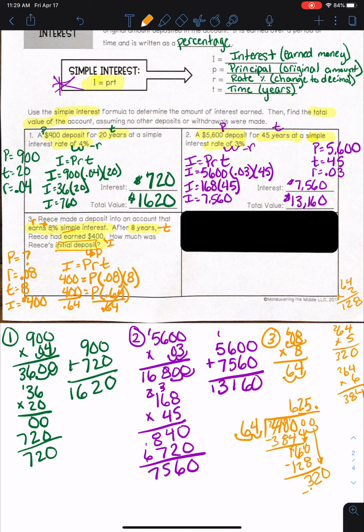So I'm going to use 5. And my principal then is $625. So P equals $625. And I can tell you guys already there will be a problem like this on your independent practice, so make sure you take notes so you can look back at it. Good luck and let me know if you have questions.